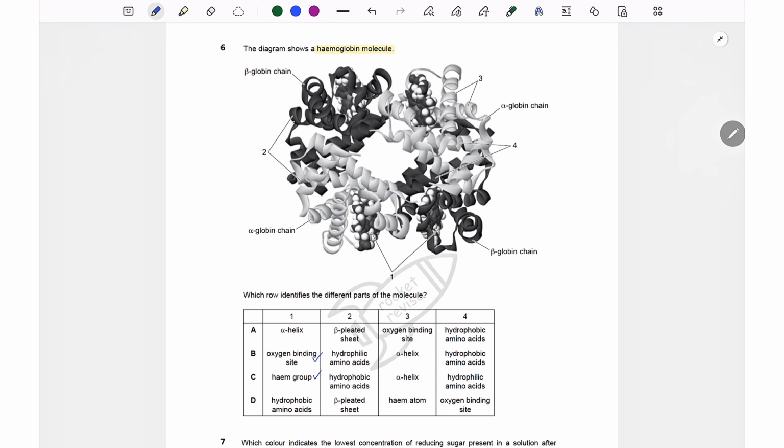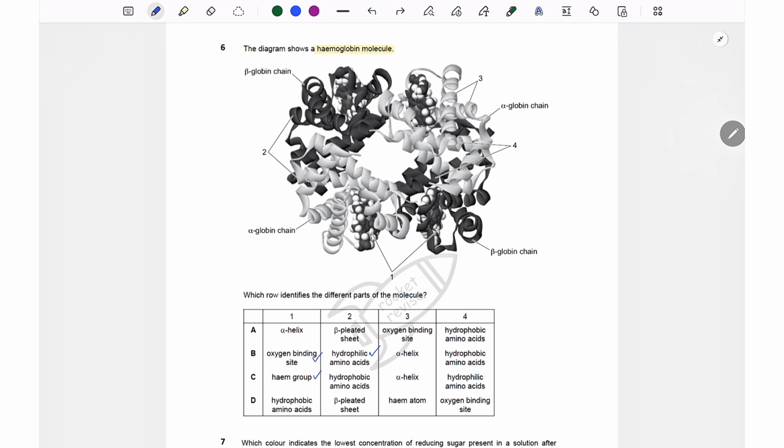The next one, 2, that is the outer region. Hemoglobin is globular like this, and this is the outer region. It's facing outwards. So is it going to be hydrophobic or hydrophilic? It's facing outwards, so it's going to be the hydrophilic amino acids, not the hydrophobic ones. Number 3 is here.